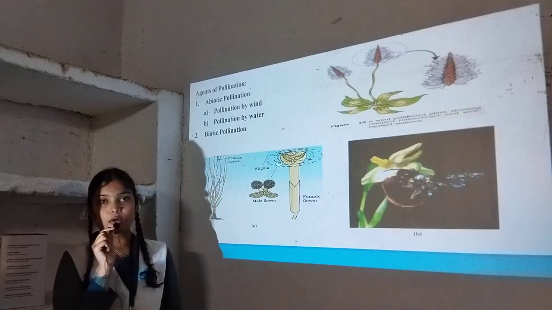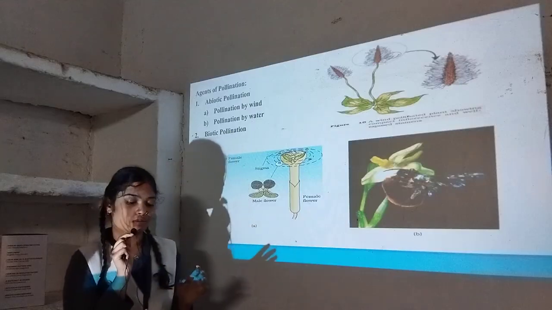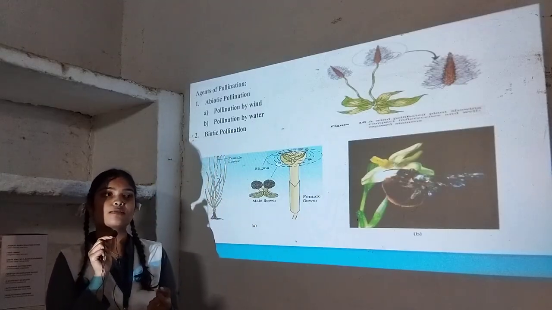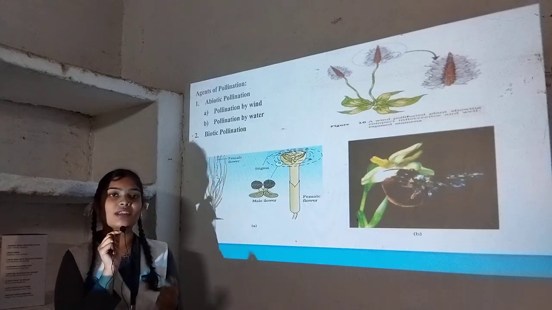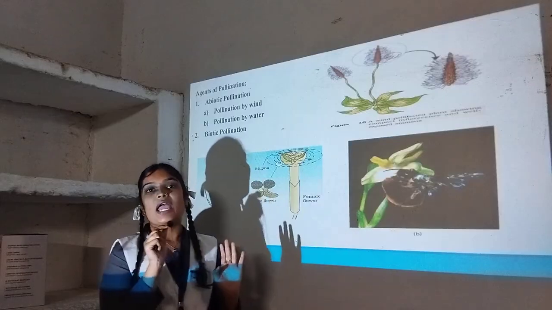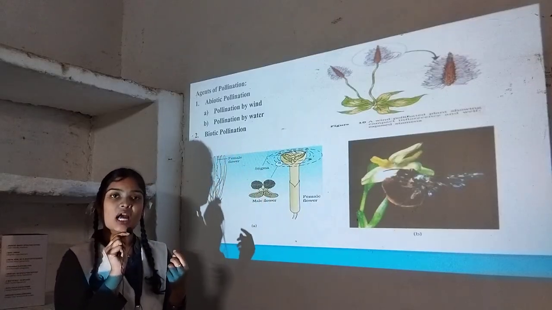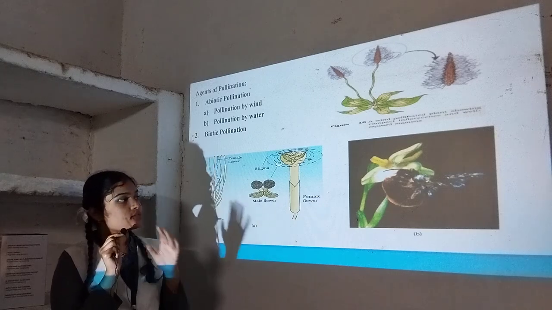Now, the biotic pollination. This is the bee, which is the biotic pollinating agent. There are many biotic pollinating agents such as bees, moths, butterflies, etc. But the most dominating biotic agent is the bee, and the flower also provides a reward to the insects pollinating it.